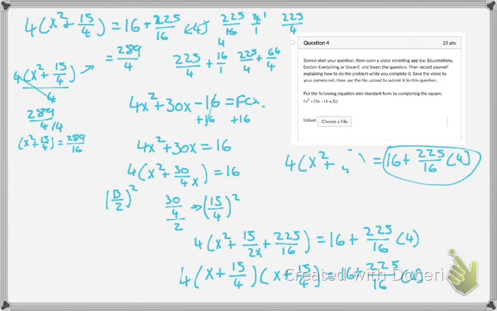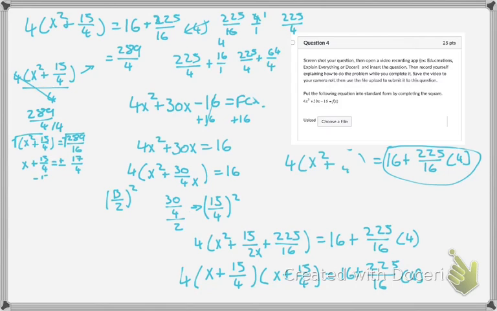Then obviously we have to square root both sides. On this side we get x plus 15 over 4, and on the other side we'll have plus or minus 17 over 4.